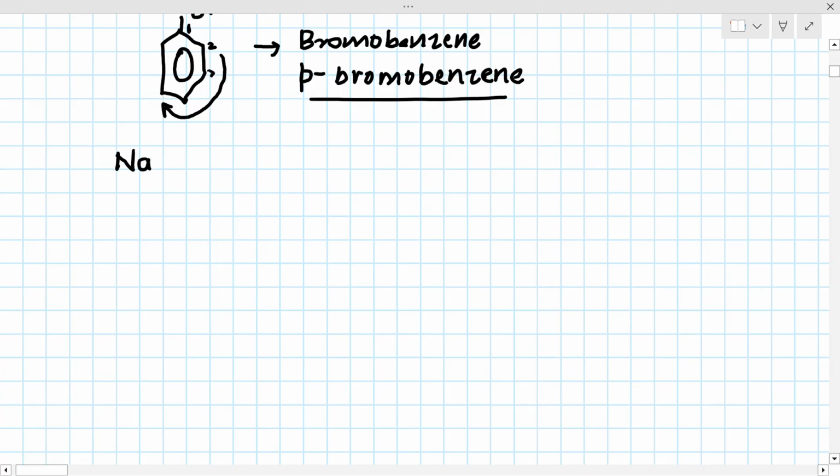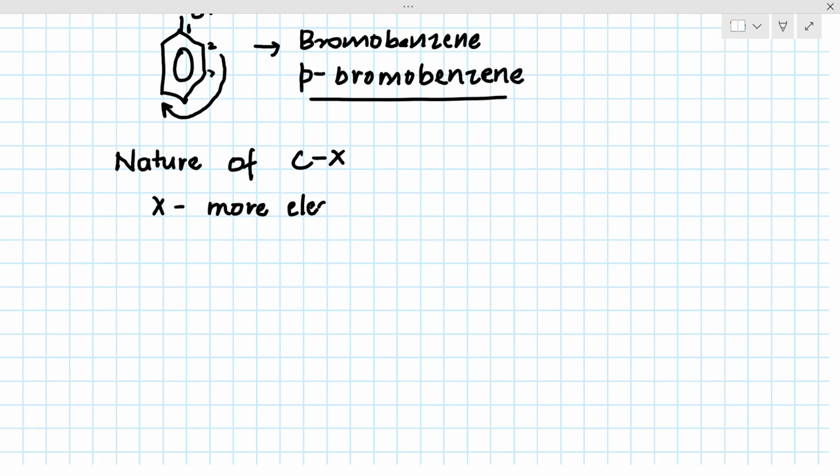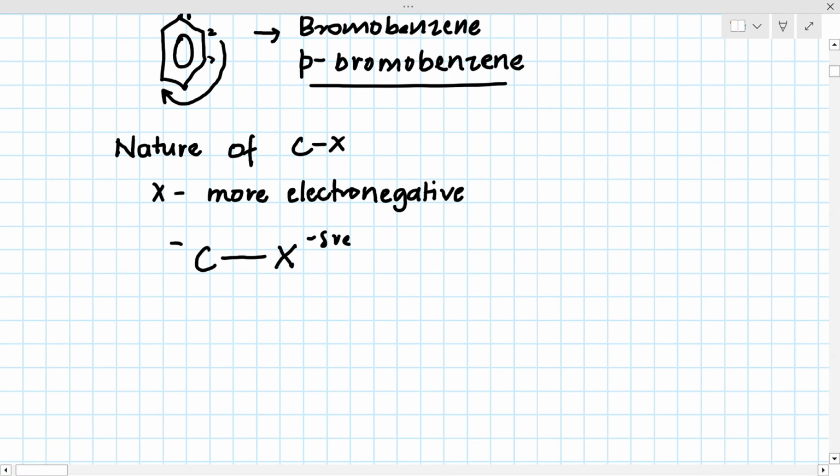Now, since we learned the nomenclature and classification, we will move on to the nature of the carbon-halogen bond, that is, the nature of C and X. X is more electronegative in nature, right? Hence, when C and X form a bond, X gets partially negative and C gets partially positive charge.